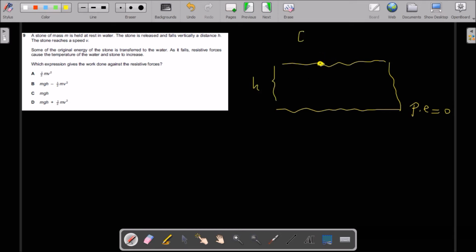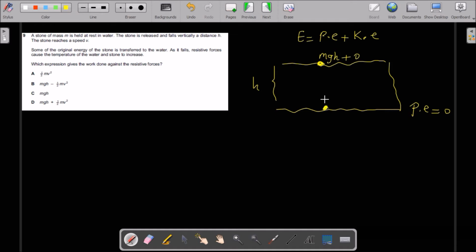According to mechanical energy, which is potential energy plus kinetic energy, at this position we have potential energy because of height, which is mgh. It is said it is at rest, so kinetic energy is 0.